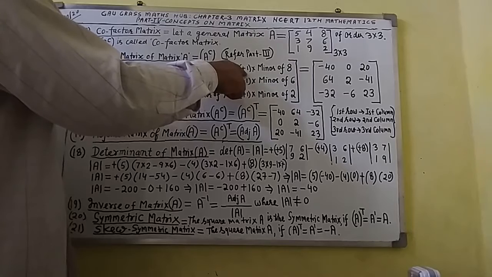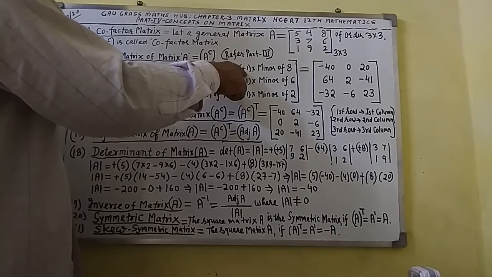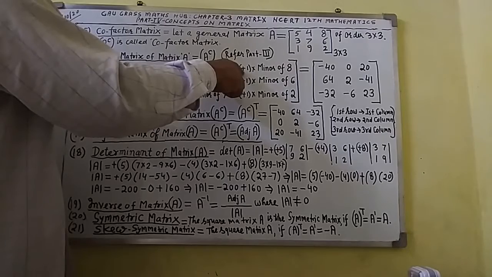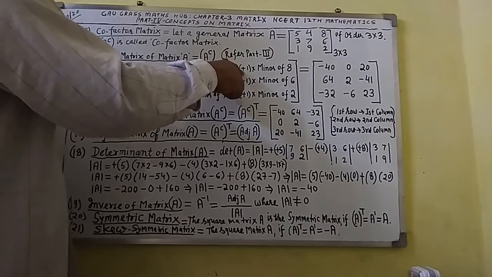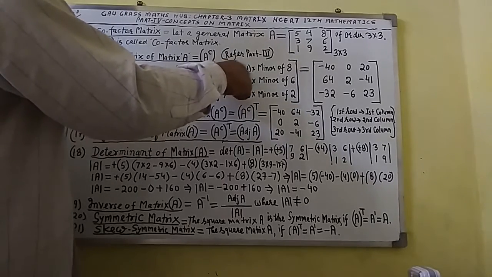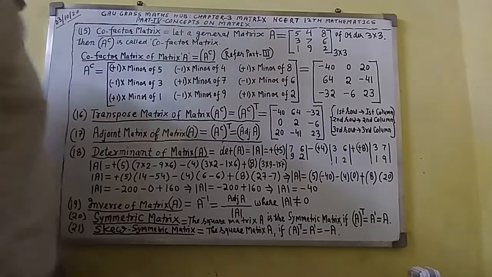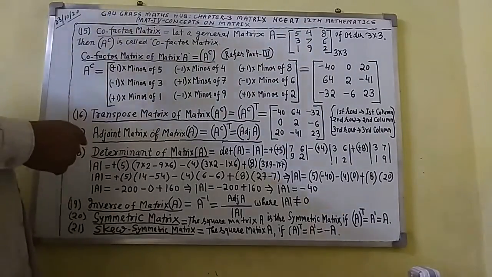Here whatever digit will come, that digit will always be plus 1. Putting the plus before 1 has more importance. Plus 1 into minor of element 8. 8 is here, minor of element 8.